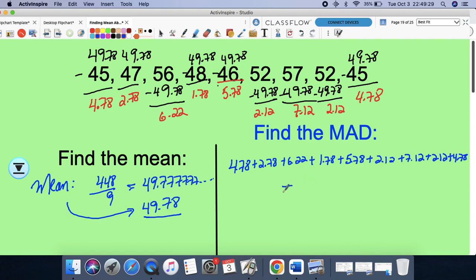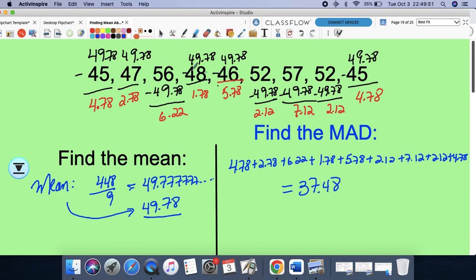I'm going to put that in the calculator, and that's going to give us 37.48.